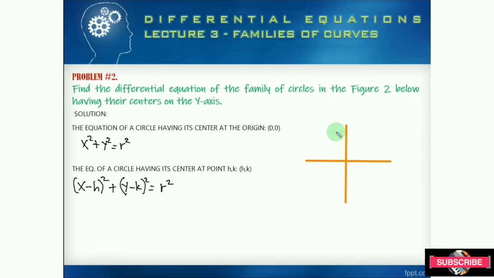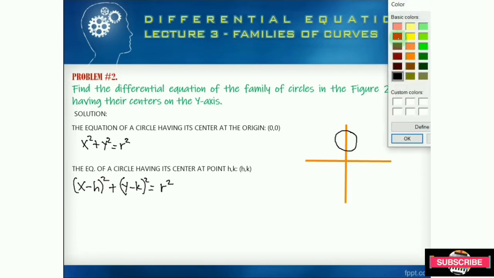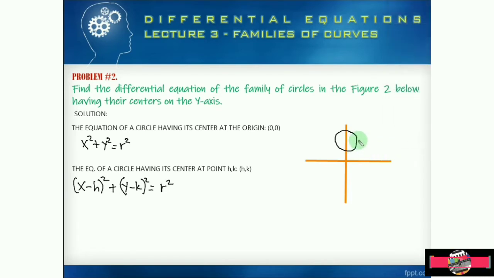Since their centers are on the y-axis, we can say that maybe one circle is located here. Okay, and then maybe other circles are located at some point on the y-axis.